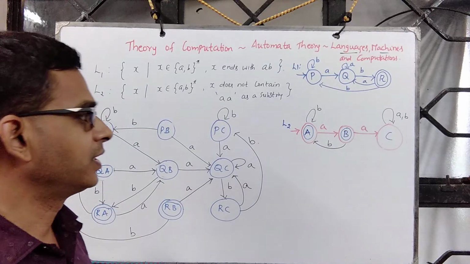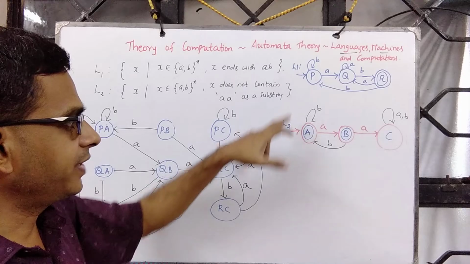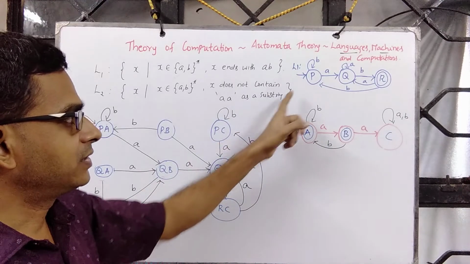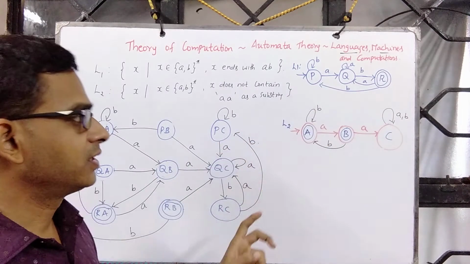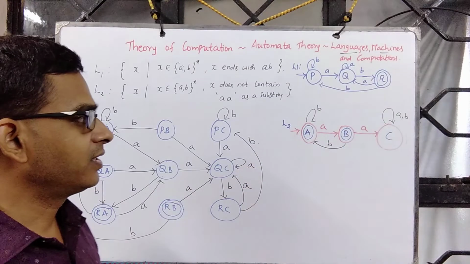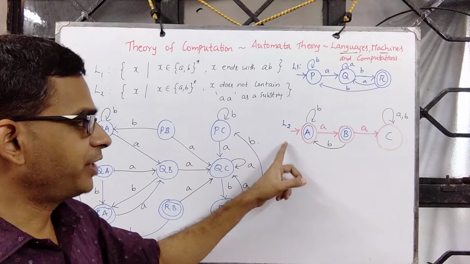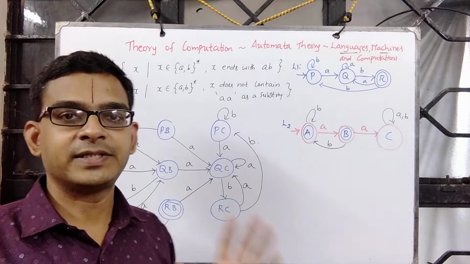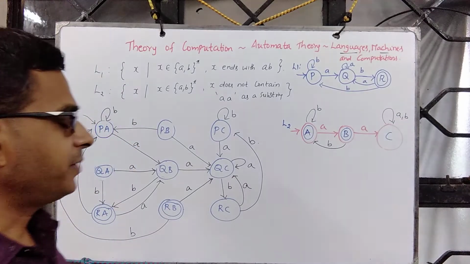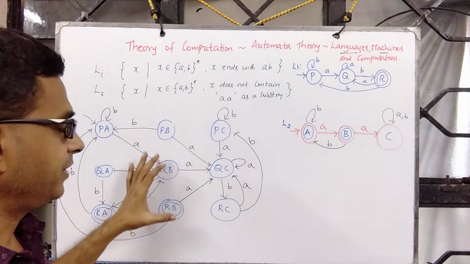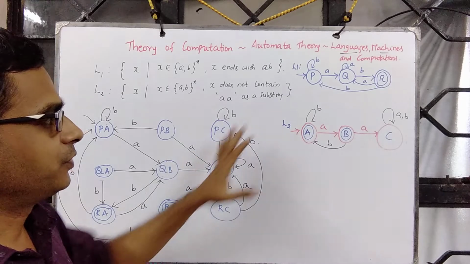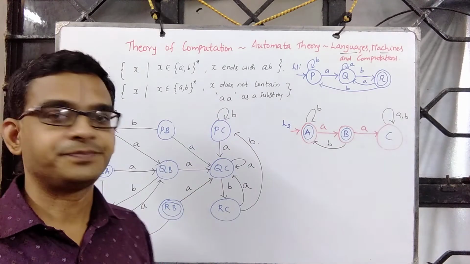Similarly, for L1 intersection L2, first simulate on this and see whether it reaches a final state, and then simulate on this and see whether it reaches a final state. But the fundamental question is, can we come up with an automaton which will do this unified operation?